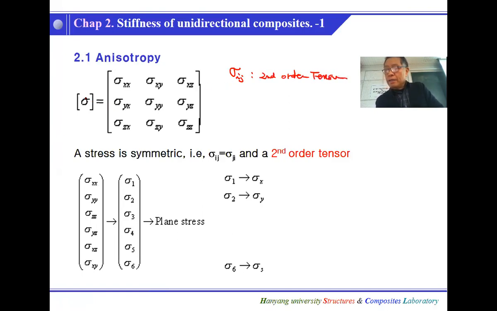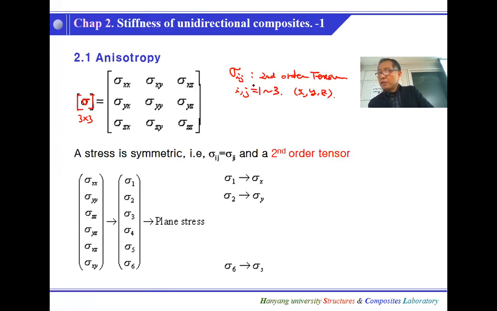And this is simply the matrix form, okay? In two dimensions, like 3 by 3. So i and j will be 1 through 3, or sometimes x, y, z. So i and j, depending on the notation, can be called sigma xx, xy and so on.